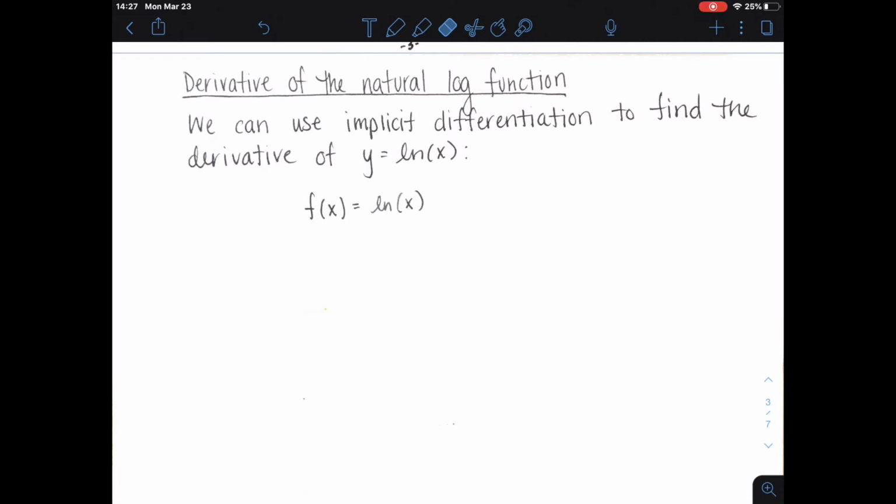So the first thing is we've got this function. We can rewrite it. So ln is the same thing as natural log. Using that base answer exponent, the f of x is our exponent, e is our base, and the answer is x. So we can rewrite this as e to the f of x equals x. So this is exactly that implicit function.